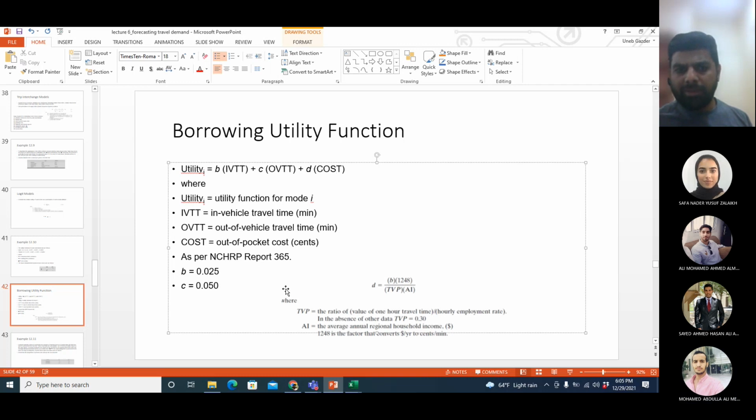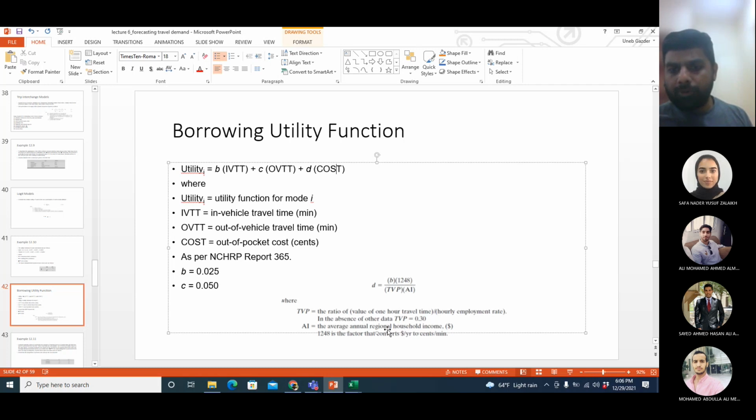You need the value of B, which is 0.025, and 1248, which is the constant which converts dollars into cents per minute. Then we have the ratio of the value of 1 hour of travel time divided by the hourly employment rate, like how much money you are earning per hour.